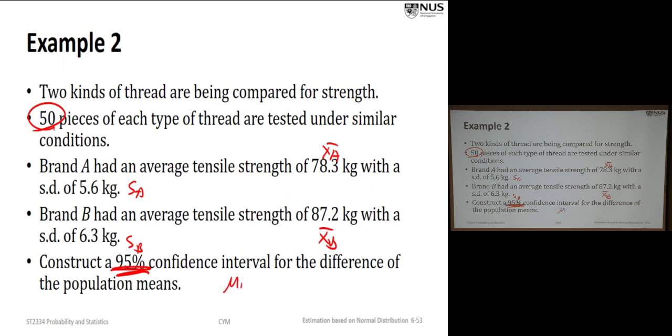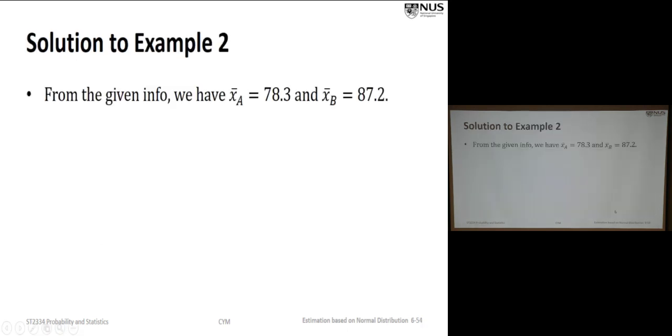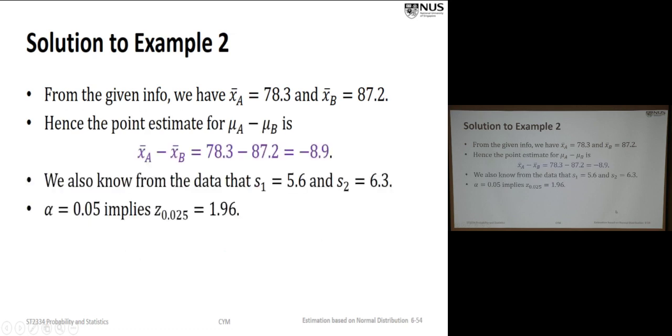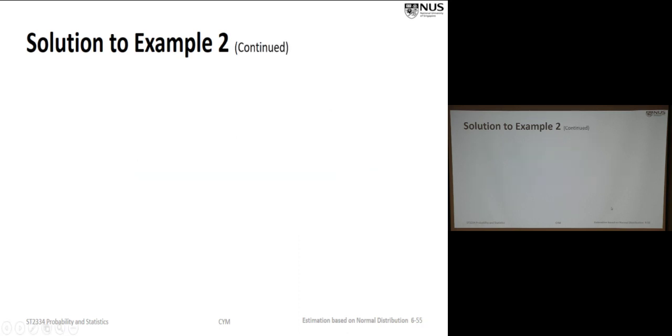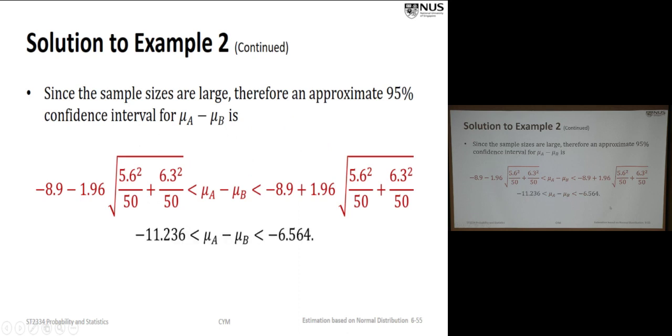So you can have mu A minus mu B or mu B minus mu A. It doesn't matter. The answers will be just, you multiply by minus 1 or swap both ends by multiplying by minus 1. All right, so with all this, substitute in the formula. Because the sample size is big, the constant that we use is from the standard normal distribution. So here is the answer. So it is like this.